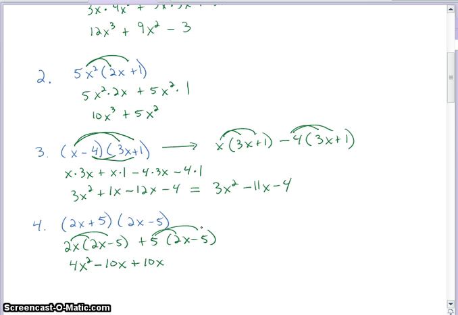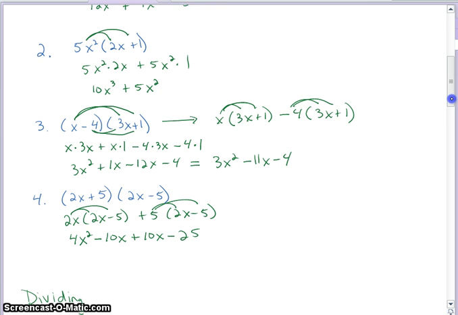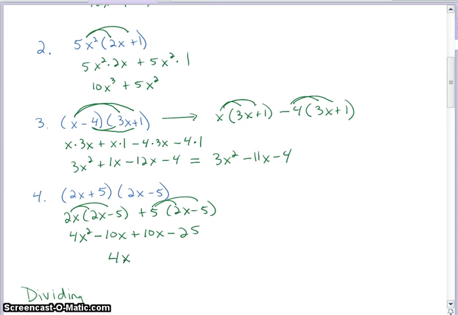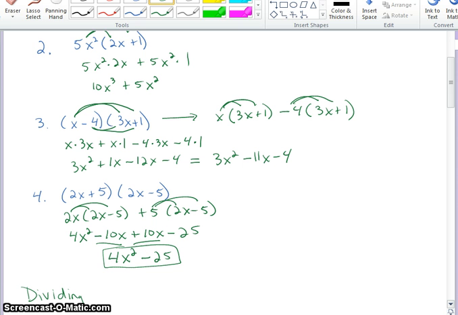And then 5 times the negative 5 is negative 25. Combine like terms. So I have 4x squared. The negative 10x and a positive 10x cancel out, they make 0. So I just have 4x squared minus 25. And I'm done. That would be called a quadratic binomial.